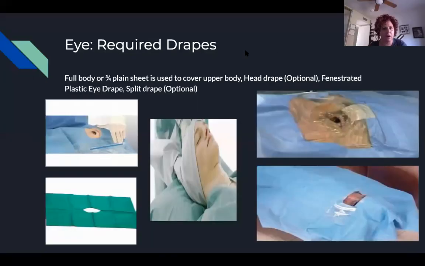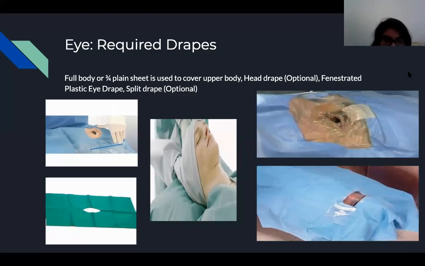All right, moving on to eye draping. The eyes have it. For eye draping, a full body or a 3/4 plain sheet can be used, and that's on the left side. I showed 2 different ones. One is actually on the patient, and the other one just shows it.